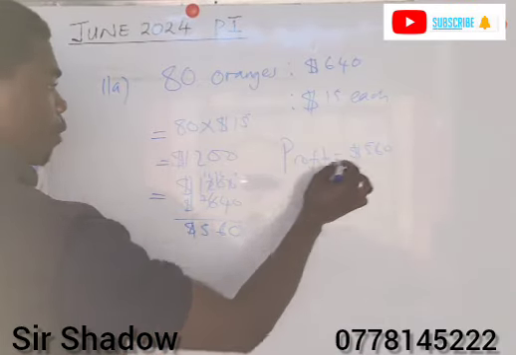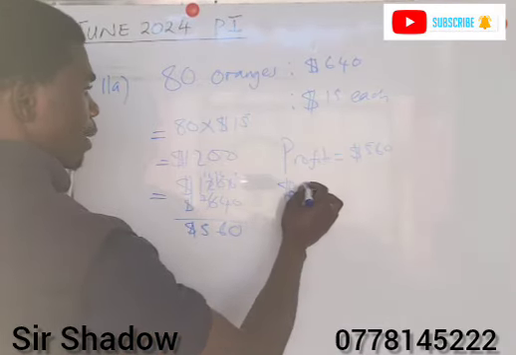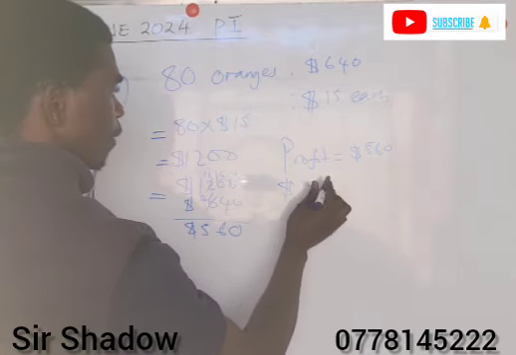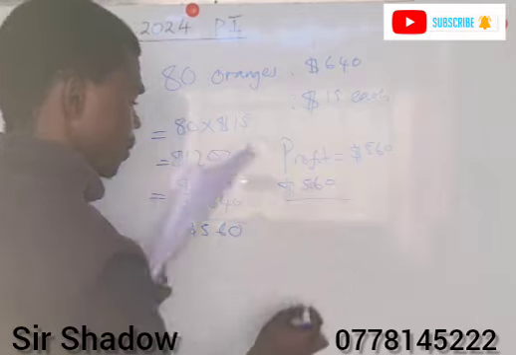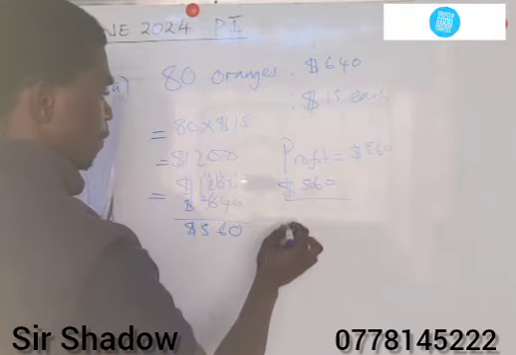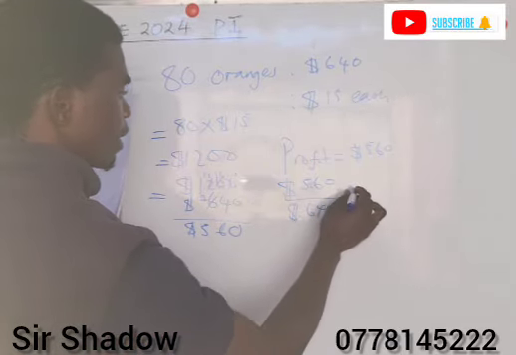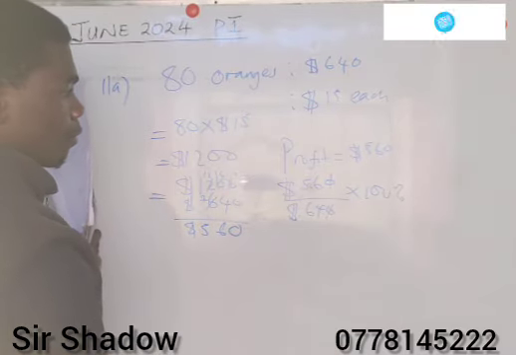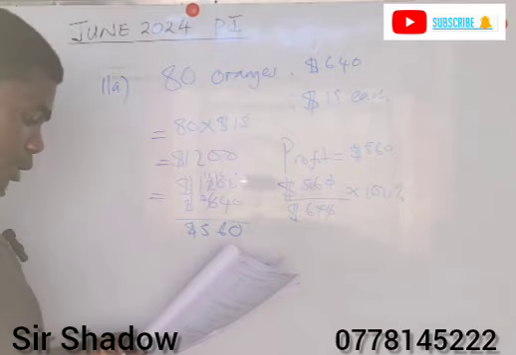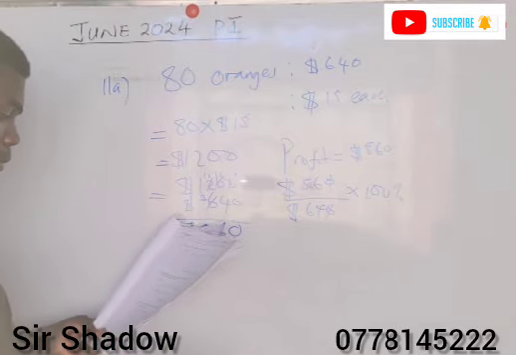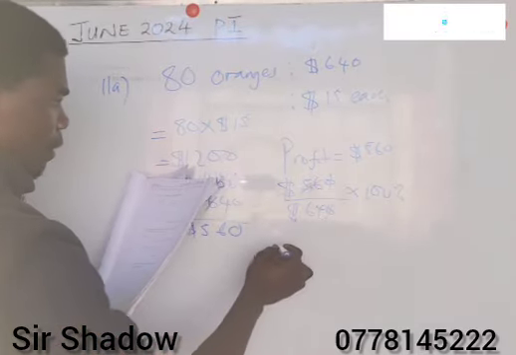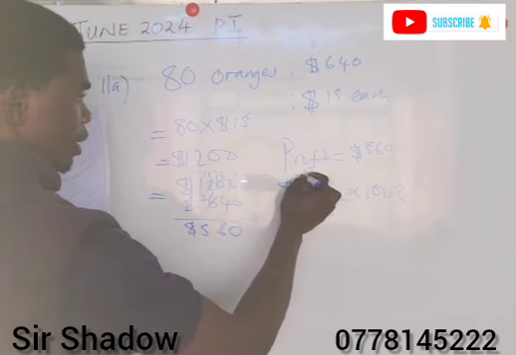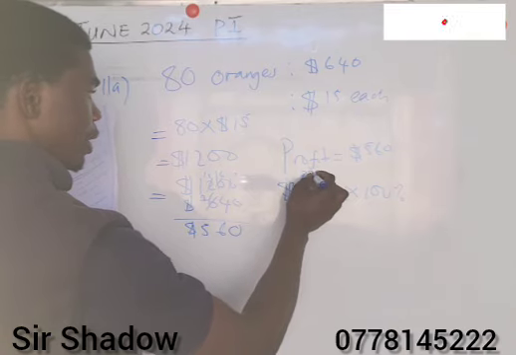Percentage profit is equal to the profit he got over the buying price. 560 divided by the buying price, $640, multiplied by 100%. Then we reduce this by dividing by 2. Divided by 2, it becomes 280, and 640 becomes 320.